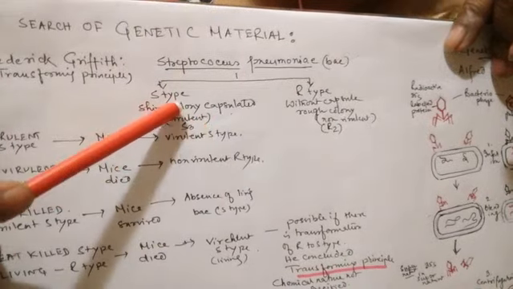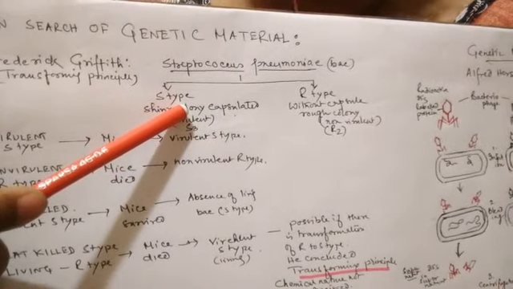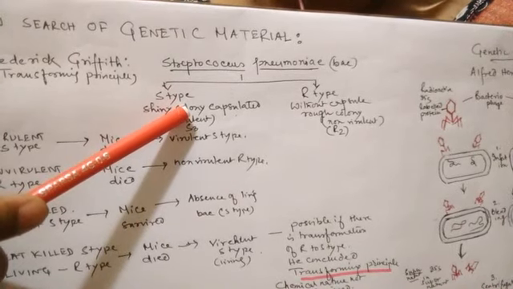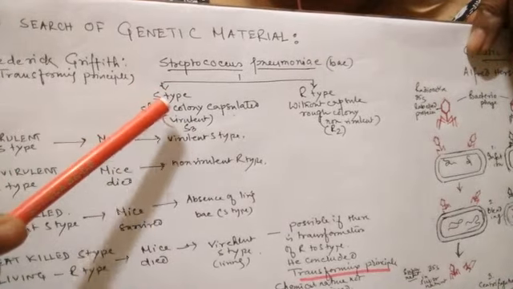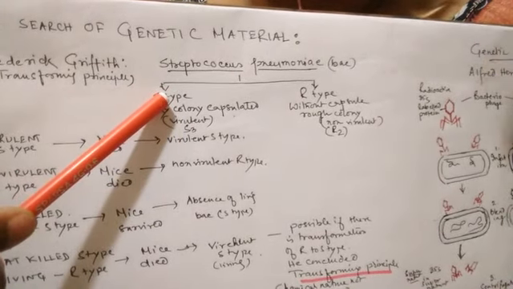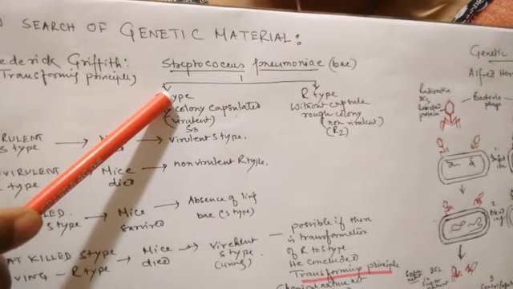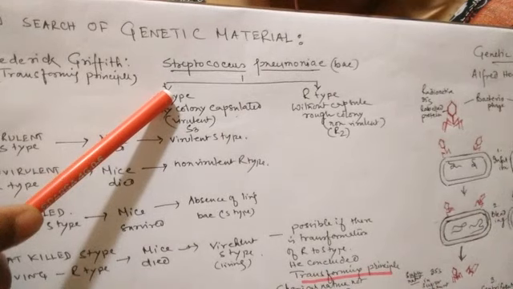Now, those that have the outer covering called capsule are pathogenic or virulent. So they are called S type. Clear? S type produces the smooth colony. Why? Due to the capsule present outside the cell.